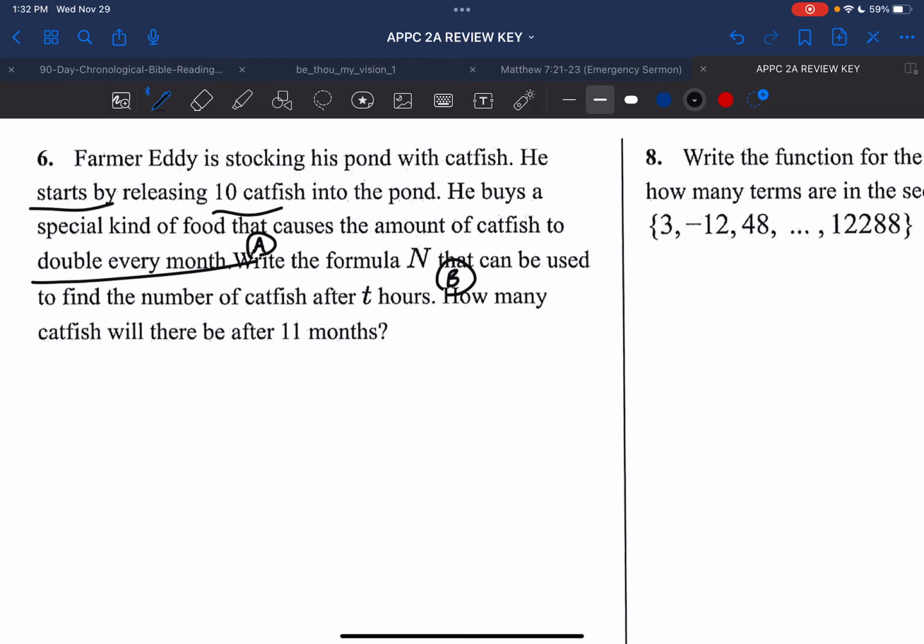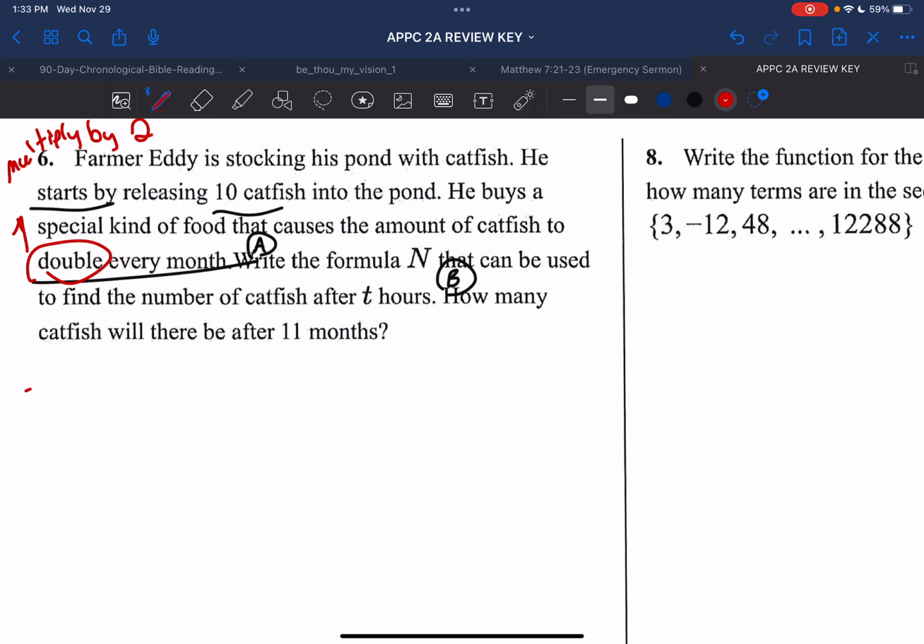So I have to figure out in the first place, is this talking about an arithmetic, geometric, exponential? Like what am I talking about here? Because I'm doubling, that means multiply by 2. That doubling portion tells me I'm multiplying, and multiplying goes with geometric.